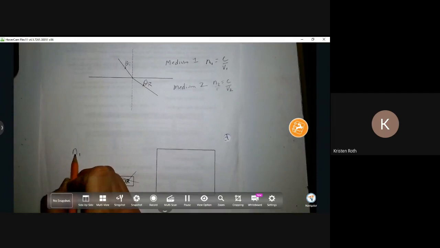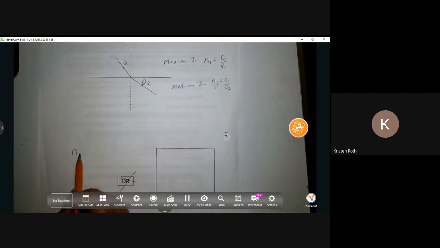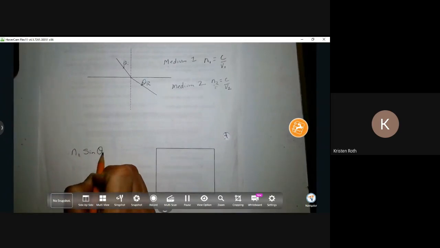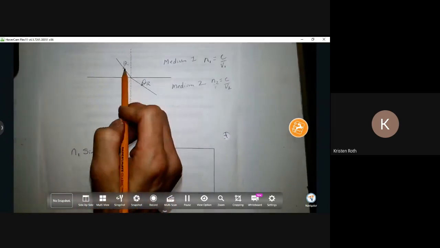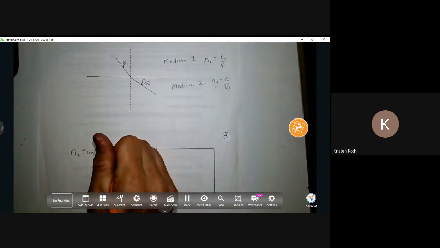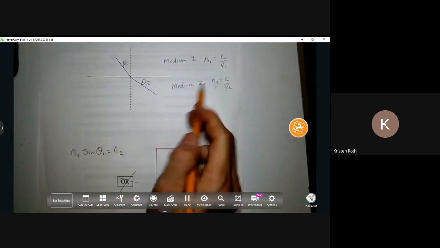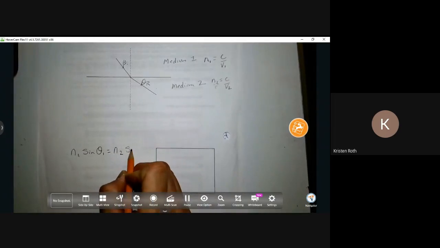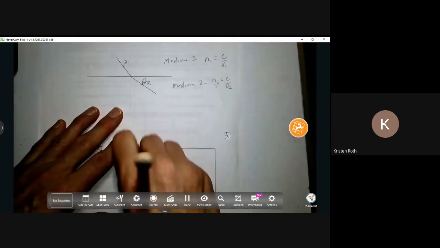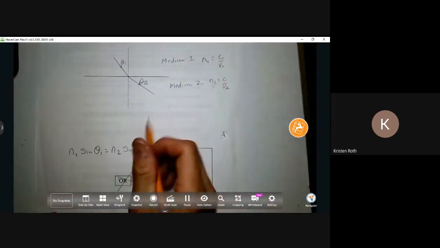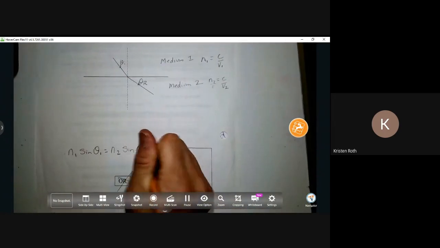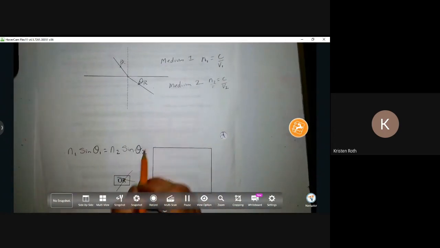So index of refraction for medium 1, n1, times the sine of angle 1, is equal to index of refraction for 2, n2, times sine theta 2. So that's the angle of your refraction here.